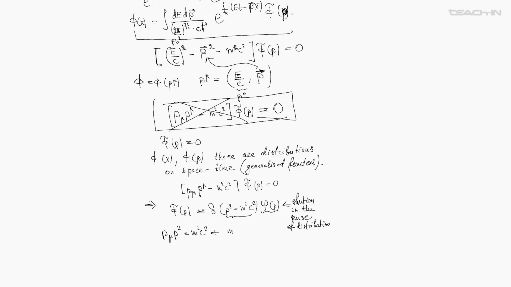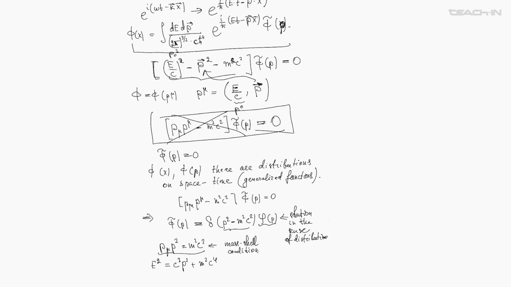Mass shell condition, because it gives a relationship between the energy, this variable E, and the particle momentum. So this is the relation E squared equals c squared p squared plus m squared c to the fourth. It is the same relation here, when this is equal to 0, then this is exactly the mass shell condition. And this is exactly what you learn in special relativity, a relation between energy and momentum of a single relativistic particle.